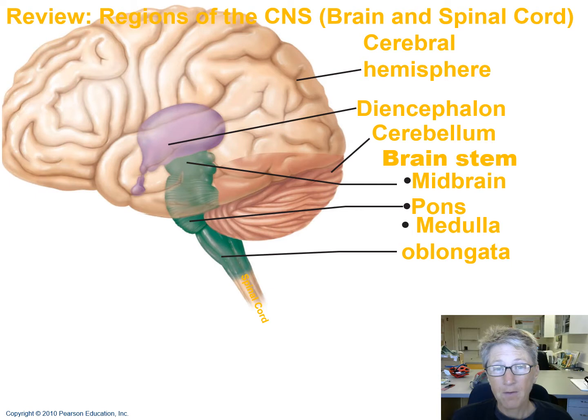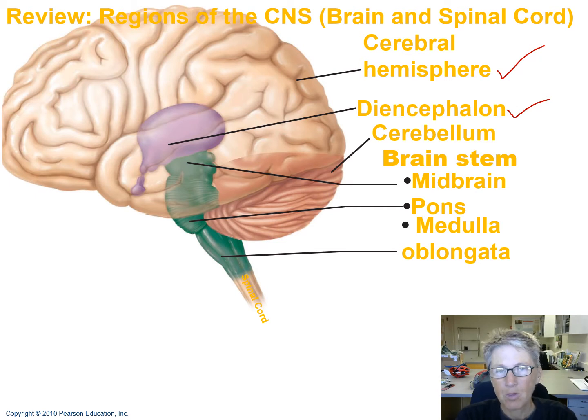There are five regions of the central nervous system, and the central nervous system, as you remember, is the brain and spinal cord. The first region is the cerebral hemisphere, and within the cerebral hemispheres we have regions within that. The diencephalon has structures within it.